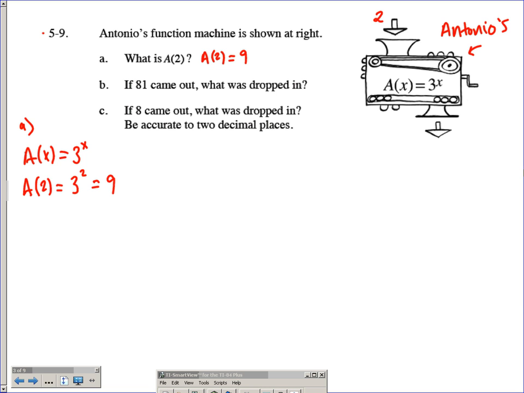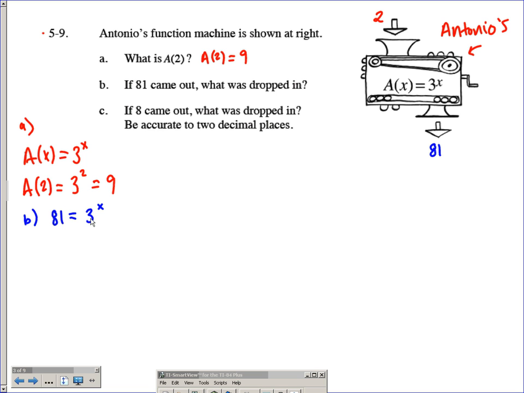Letter B says if 81 came out, what was dropped in? So if 81 comes out, they want to know what was dropped into the function. We can replace our a of x, because that represents our output here, with 81. 81 is equal to 3 to the power of what?